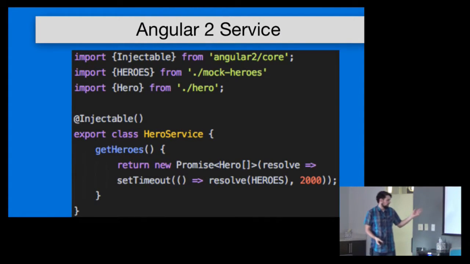And then we're making a function similar to before, getHeroes. Because Angular 2 uses reactive extensions by default, I'm going to return a promise, just to make it a little simpler, so I don't have to jump into reactive extensions and how much different they are compared to promises and callbacks.